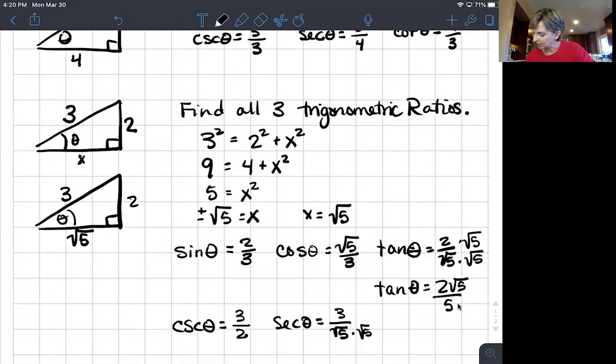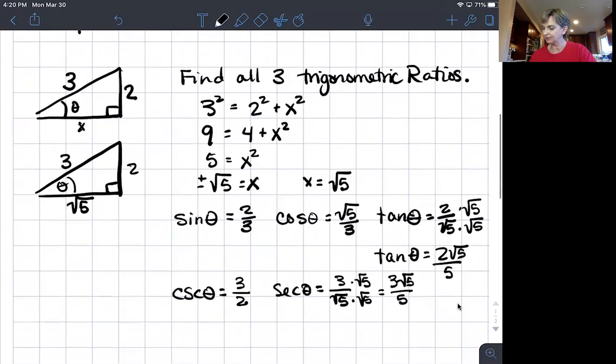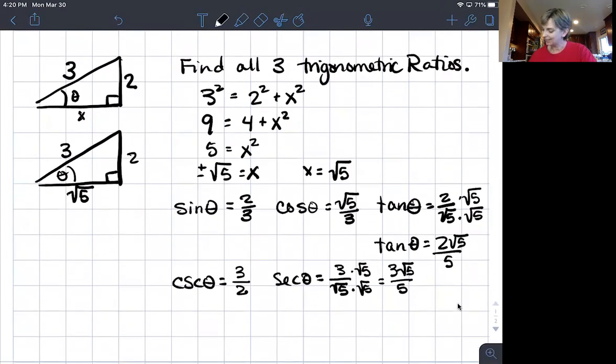So you've got to multiply top and bottom by the square root of 5, giving us 3 square root of 5 over 5. Okay, and running out of space here, sorry about that. Cotangent is adjacent over opposite, which is square root of 5 over 2. And there we have our 6 trig functions.